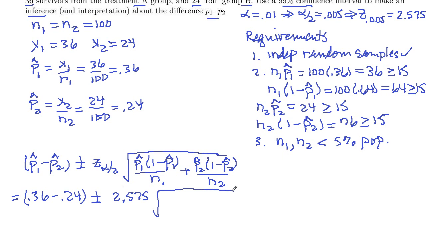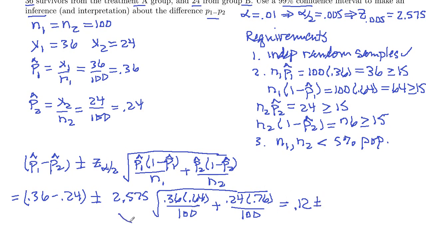And then our standard deviation here, P1 hat, 0.36, times 1 minus 0.36, which is 0.64, divided by 100, plus P2 hat, which was 0.24, 1 minus 0.24 is 0.76, and that's divided by 100. And then that difference there is 0.12, and this will be plus or minus.